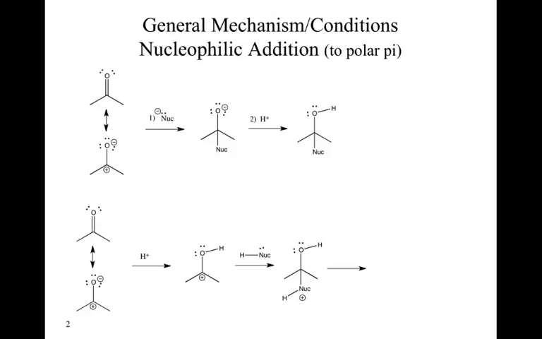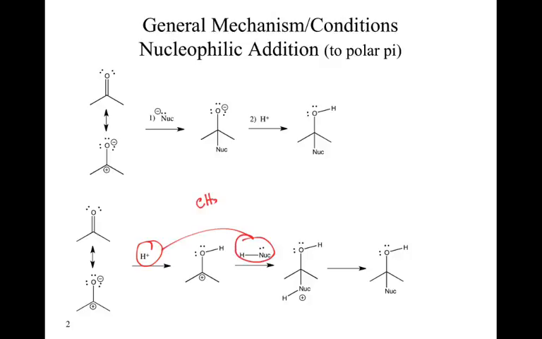We'd end up with what is close to a product, but our nucleophile is still charged because of that hydrogen. The nucleophile does not want to be positively charged, so it steals electrons, and we'd end up with the exact same product that we had under the basic conditions. Except this time, note that we don't have any 1, 2. The acid and the nucleophile can get added in one step.